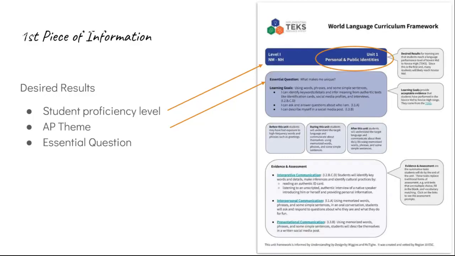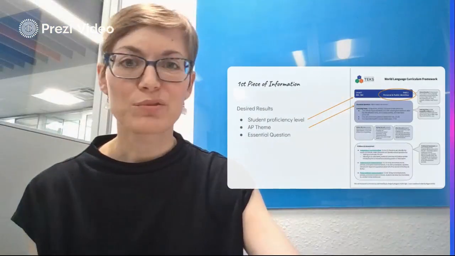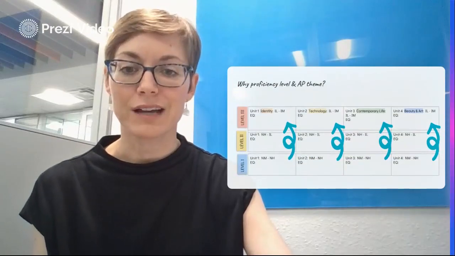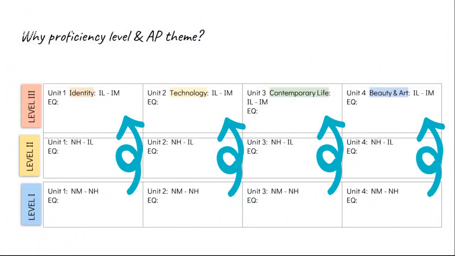Now, you might ask yourself, well, I'm teaching level 1. Why do we need AP themes? They don't have to do that for 3 more years. Here's why. Your thematic units are aligned to AP themes because they connect to that which lies beyond just memorizing words and grammar.